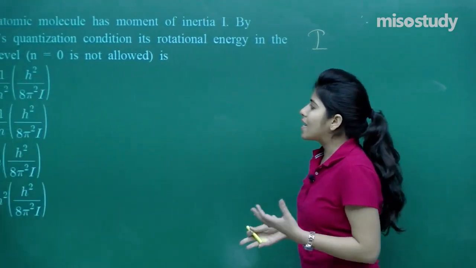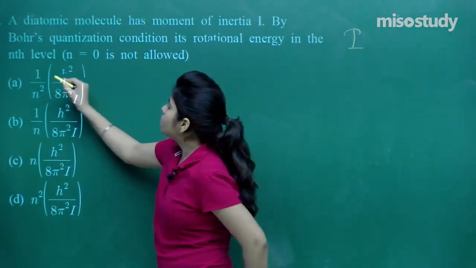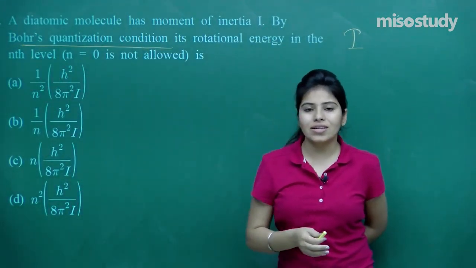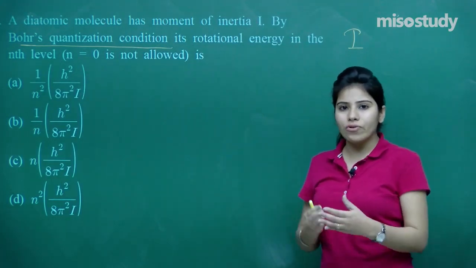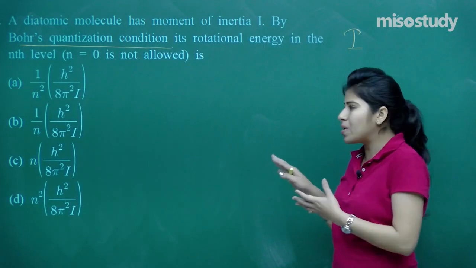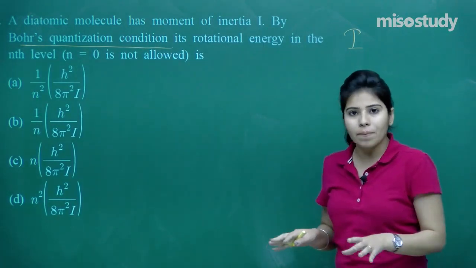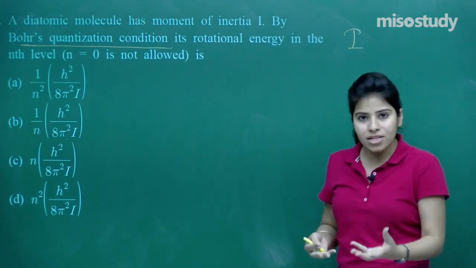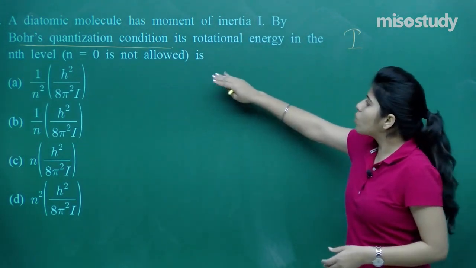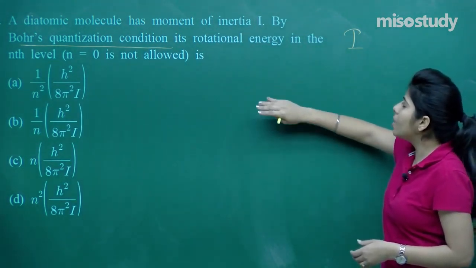By Bohr's quantization condition, again Bohr's quantization condition. Let me just tell you friends that in this chapter the questions that will come in your JEE Main and JEE Advanced will basically be from the same topic, that is Bohr's model, X-ray spectra and like this. So again the same question, Bohr's quantization condition we have to apply.